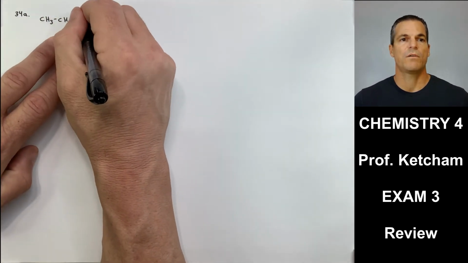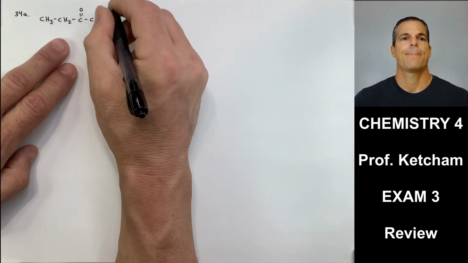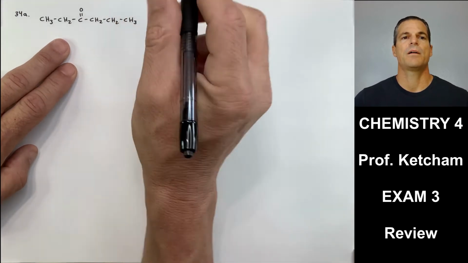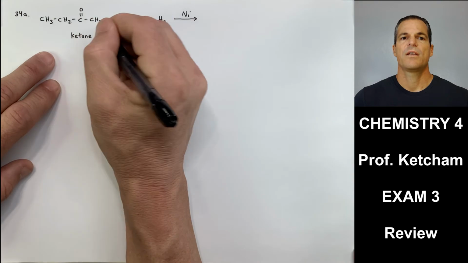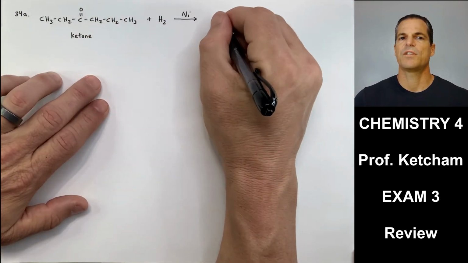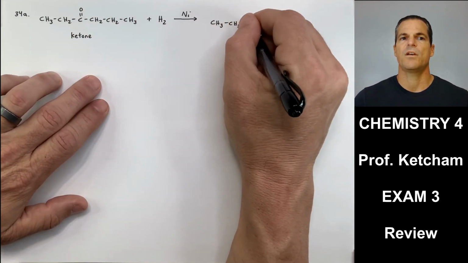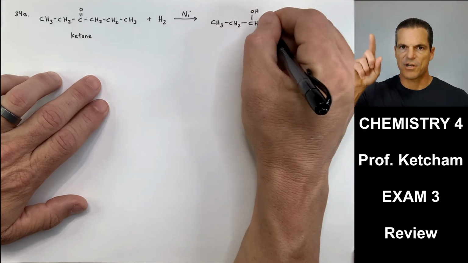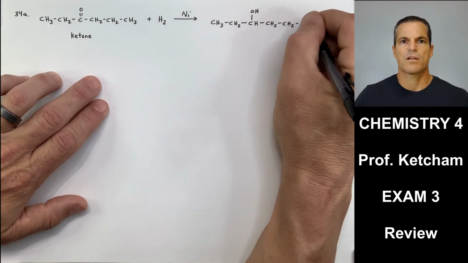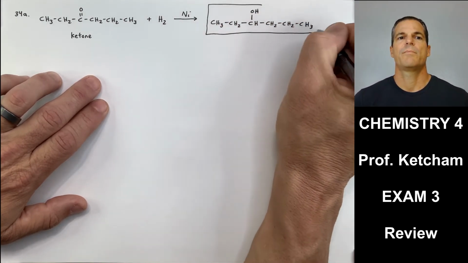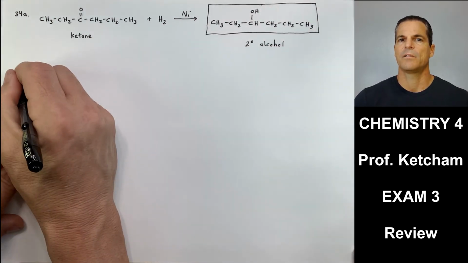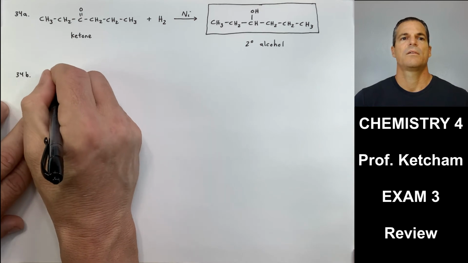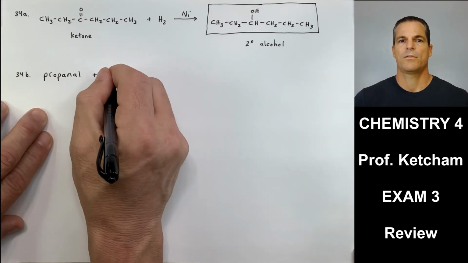Chapter 12, 34A. This is a ketone. See the C double bond O surrounded by 2 saturated carbons? Ketone plus H2, this is a reduction. So you find the C double bond O, and then you put an H on that O, and an H on the carbon below the O. So basically it's like you're adding H2 across that C double bond O. Ketone gets reduced to a secondary alcohol.